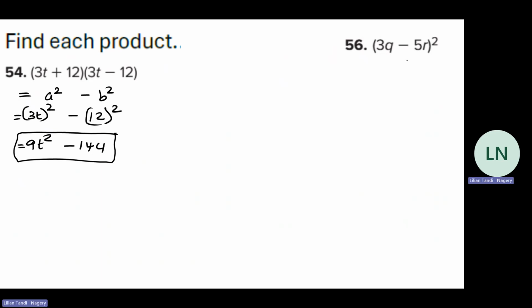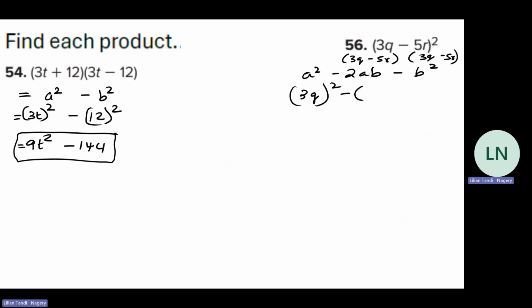Okay? This is just a square of a difference. So you're going to use the Kanun, a squared minus 2ab plus b squared. Or you do distributive property, which will be 3q minus 5r times 3q minus 5r. Okay? So a squared is 3q squared, minus 2ab.